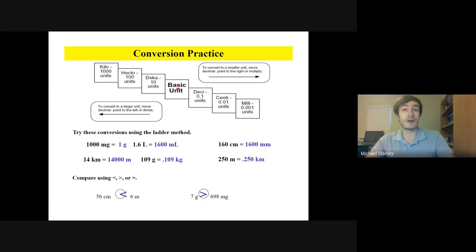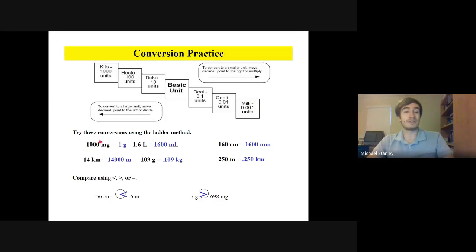So now if we do that with our decimal point, this one doesn't have one put in already, which means that it's just hanging out here, kind of invisible at the end of our number. If we take that decimal point and move it 1, 2, 3 spots to the left and put it right here, that is going to give us 1.000 or 1 gram.